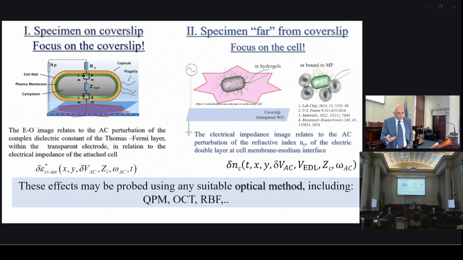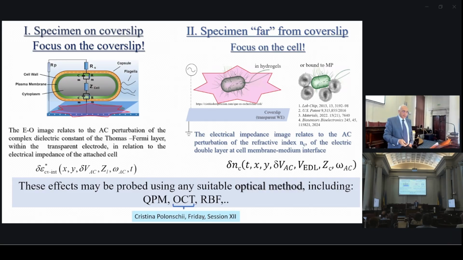And what I think is important, and this is the real take-home message, is that because the effect of the electric field relates to the optical parameters that are measured, any optical method can provide the same information, more or less, including optical coherence tomography. Christina will present using electrically modulated optical coherence tomography tomorrow.